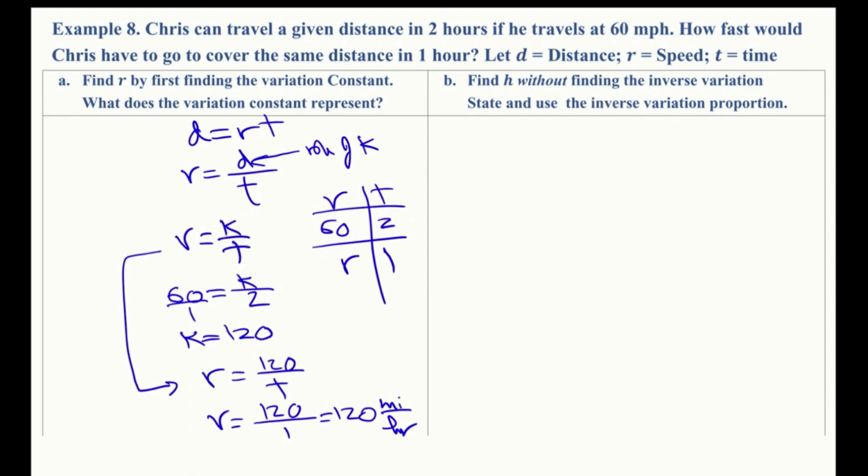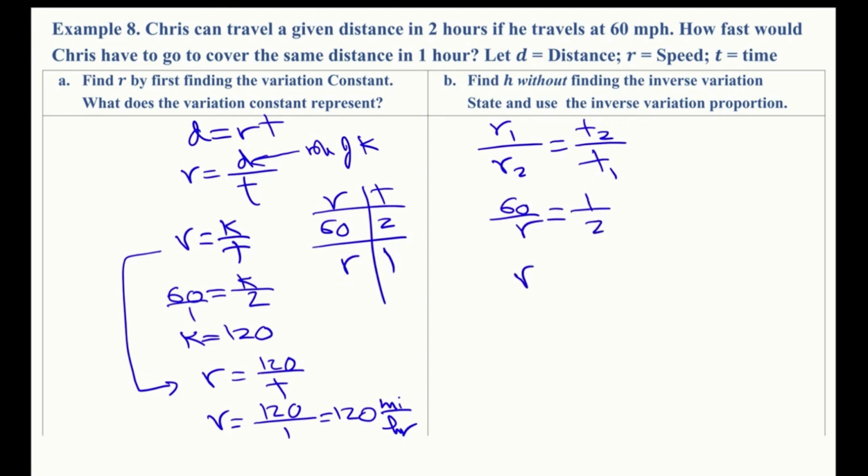That's possible too. So remember, we're going to set it up like this. Rate and time are inversely proportional. So rate 1 is to rate 2 as time 2 is to time 1. So we're going to get 60 over R equals time 2, which is 1, over 2.